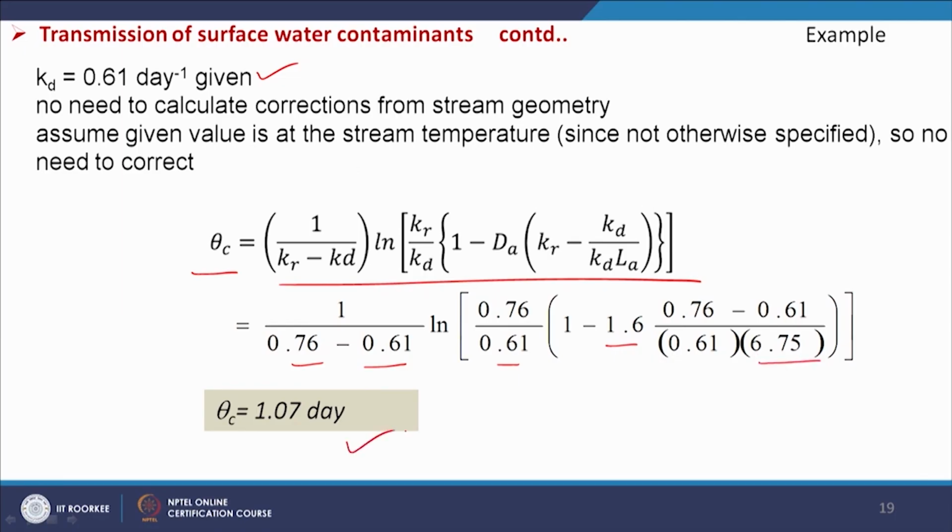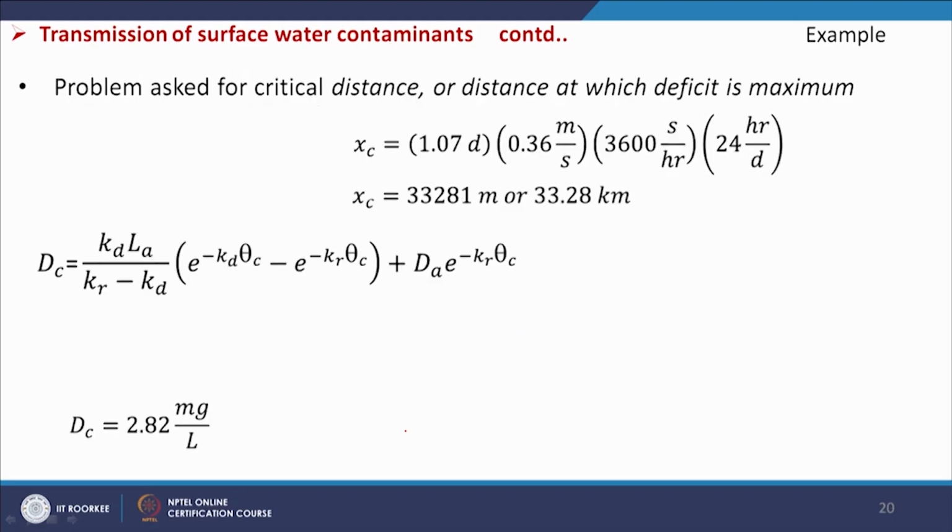So, it is becoming 1.07 day. The problem asks for the critical distance, or the distance at which the deficit is maximum.